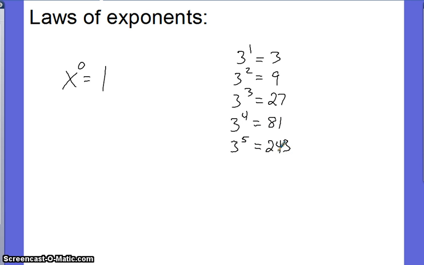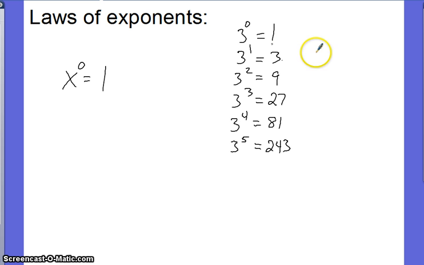Well, what happens here each time? We multiply by 3 to go up. To go the other direction, we'd have to divide by 3. So 27 divided by 3 is 9. 9 divided by 3 is 3. So to get 3 to the 0, 3 divided by 3 is 1.